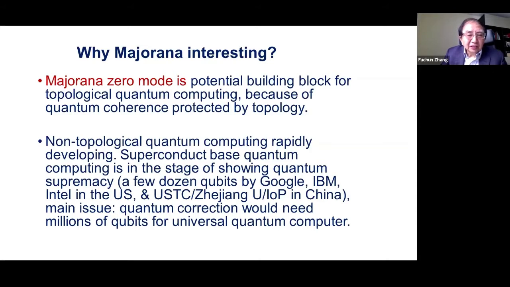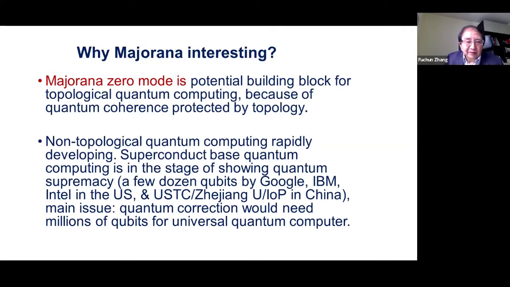Non-topological quantum computing has been developing very rapidly in the recent 5 or 10 years. There are many proposals, including superconducting-based quantum computing, ion trap, and solid state. Basically, it's a spin up and down. Among those, the superconducting-based quantum computing, based on the Josephson junction, is the most attractive.